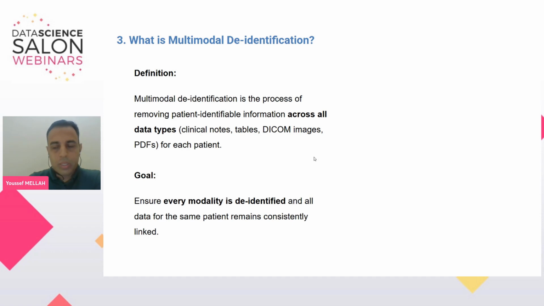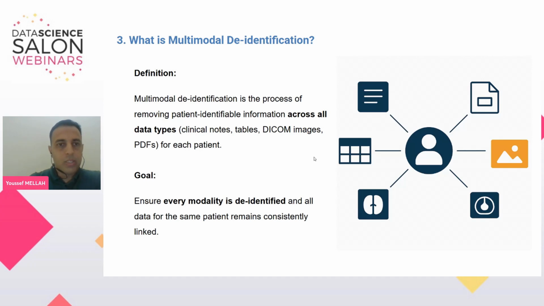But before starting, what is multimodal de-identification? As you know, multimodal de-identification is the process of removing patient identifiable information across all data types. So for example, for the same patient, we can have multiple types of documents, for example, clinical notes, tables, or structured data. You can have some DICOM images, SVS, or PDFs, either selectable or scanned PDFs for each patient.